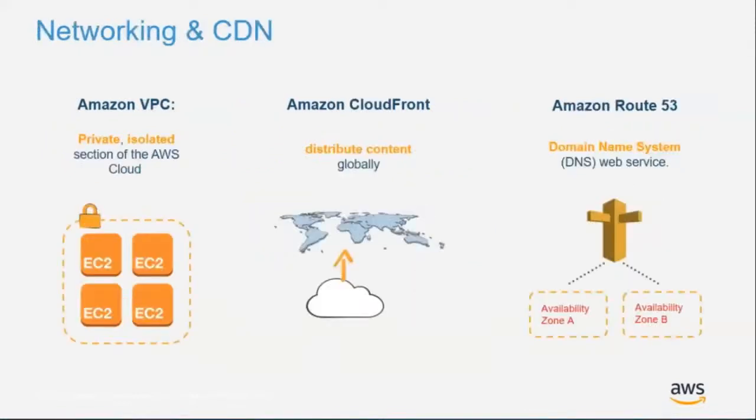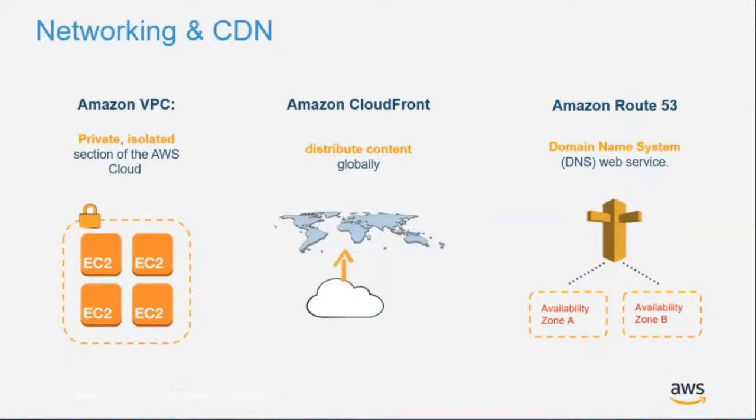The third component is networking and CDN. The fundamental concept in networking is something called Amazon VPC, which is called Virtual Private Cloud. And this is essentially your private isolated section in the AWS cloud. This allows you to create your own networking rules, your own firewall rules, and then isolate your infrastructure across this.